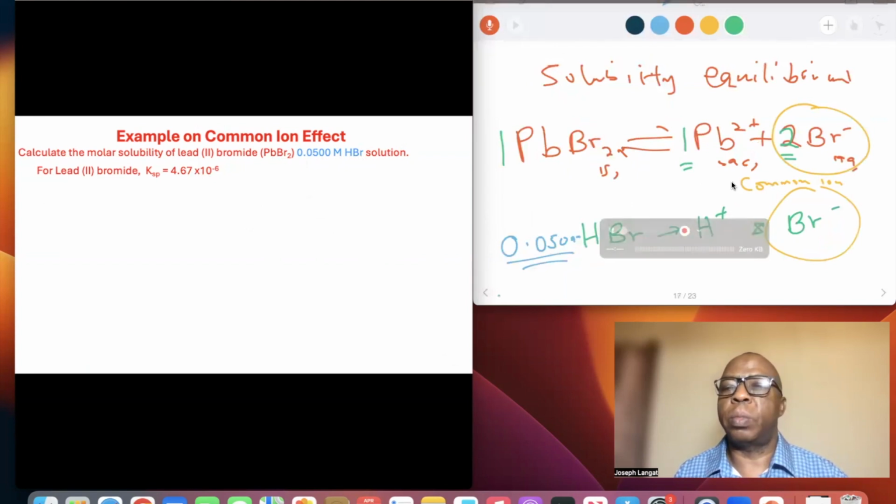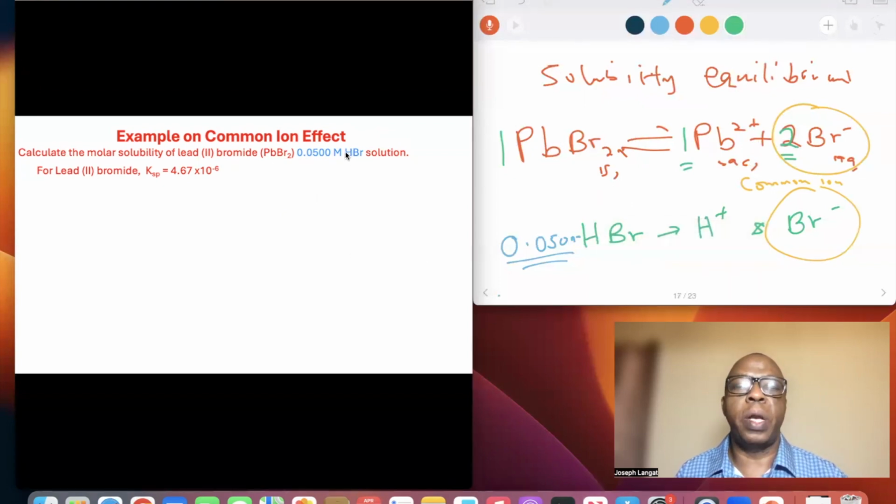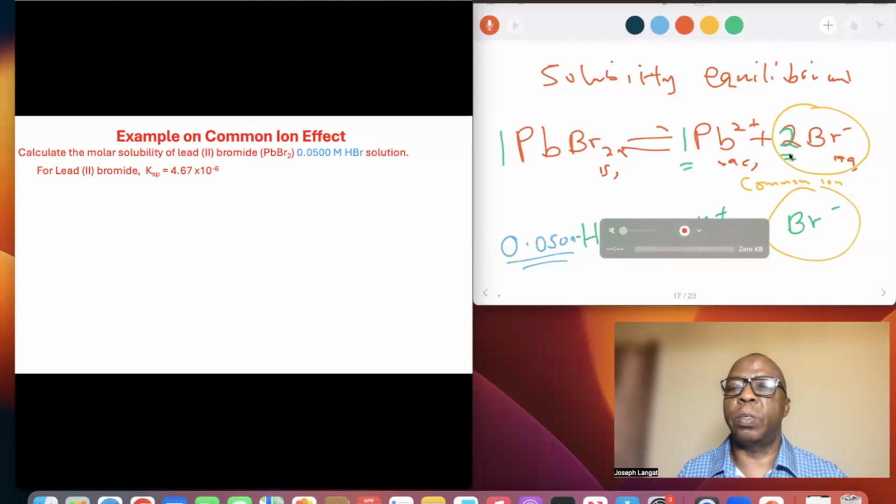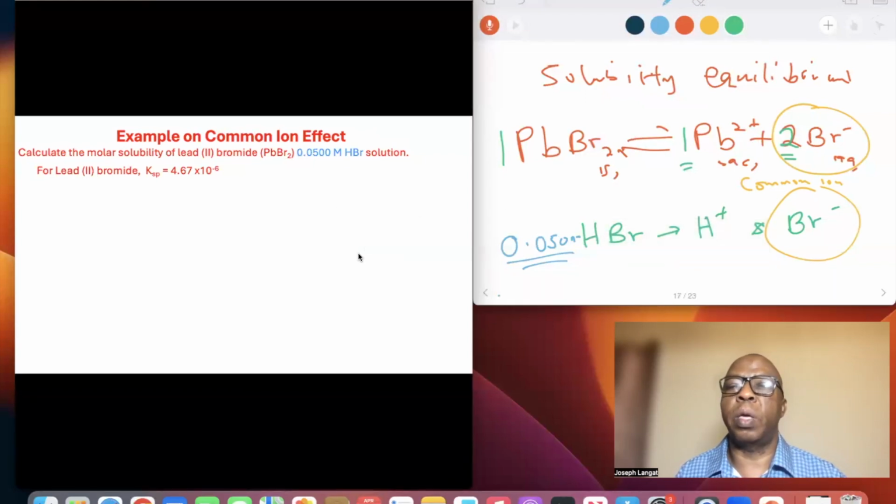From Le Chatelier's principle, the system is stressed from the product side, which means less lead 2 ion and bromide ion will be produced from dissolving lead 2 bromide in H2O. It's just stressing the system by increasing the concentration of bromide ion. Hydrogen ion will not affect anything. It's not part of the solubility equilibrium. This is the solubility equilibrium in H2O.